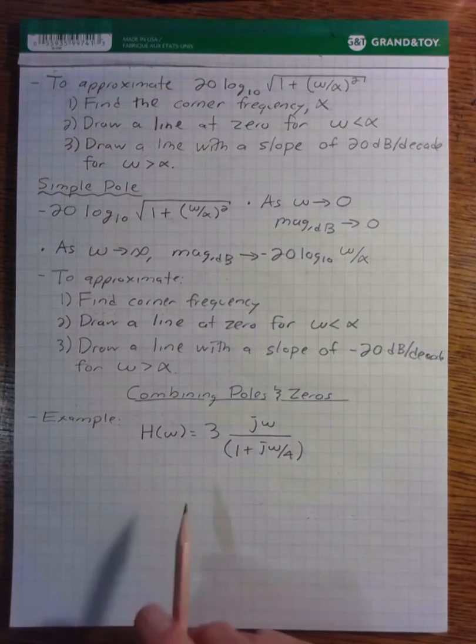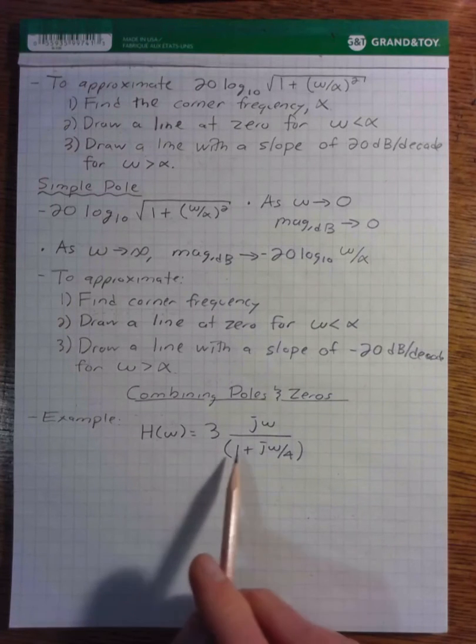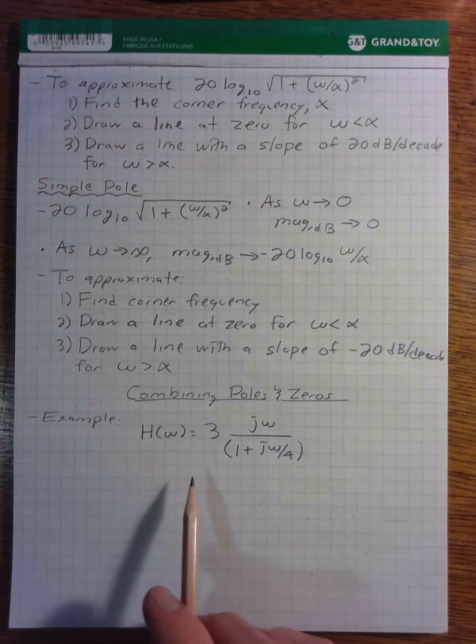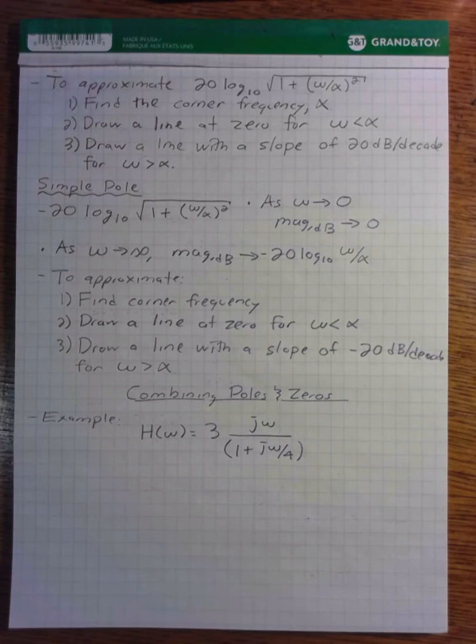I'm just giving you an example with some actual numbers plugged in here. In a little bit, I'll show you how this relates to the RLC transfer functions that we've been deriving up until now. But let's just use this as a starting place.